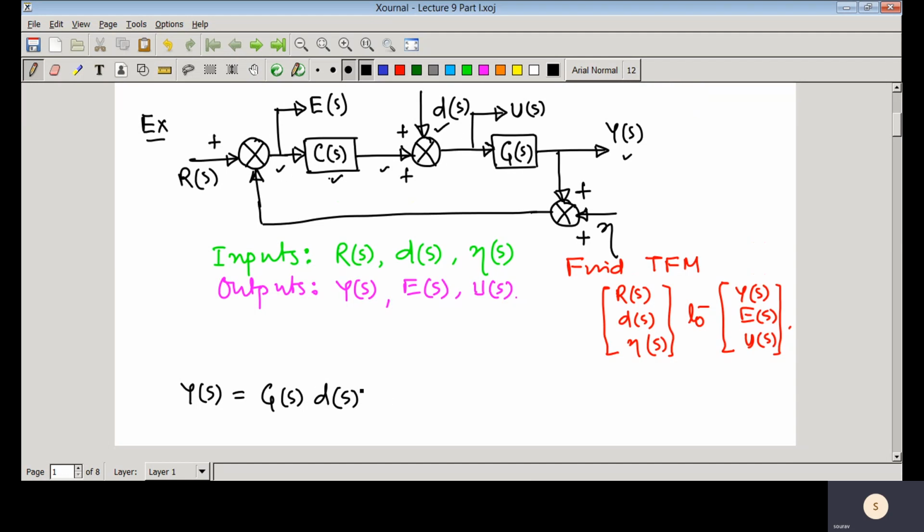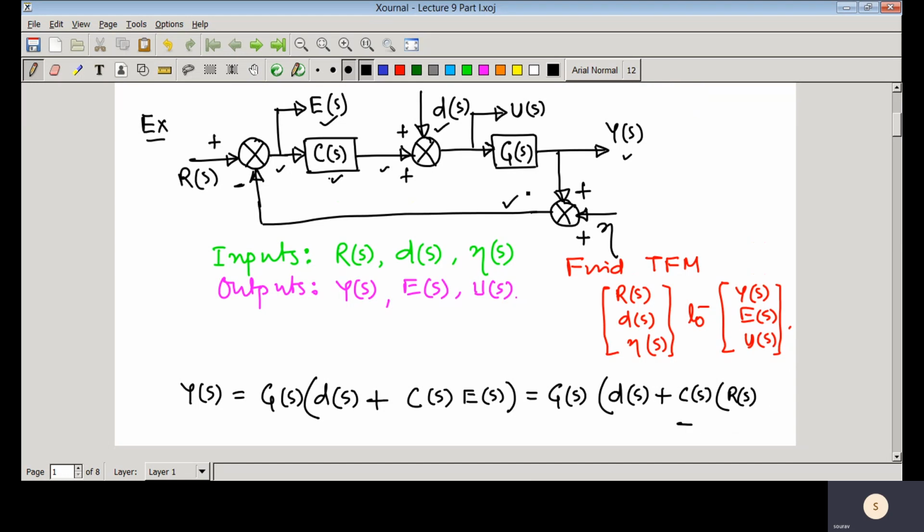So that means GS plus CS into ES. Now here you can see DS, CS, and what is ES? ES is RS, then negative feedback, so minus. What is the signal here? The signal is eta S, this signal is entering, minus YS.